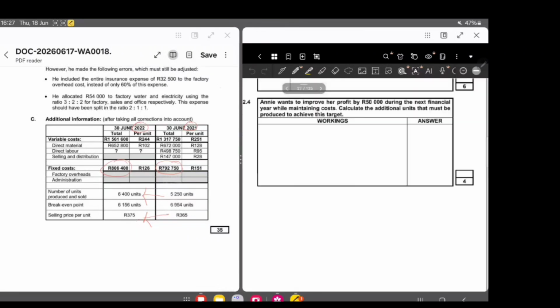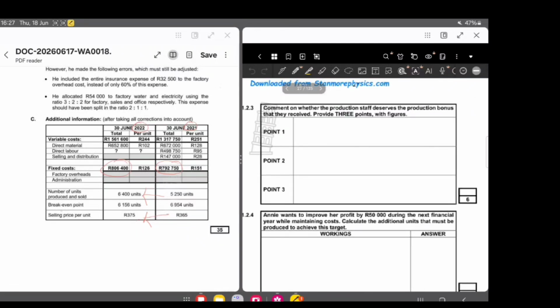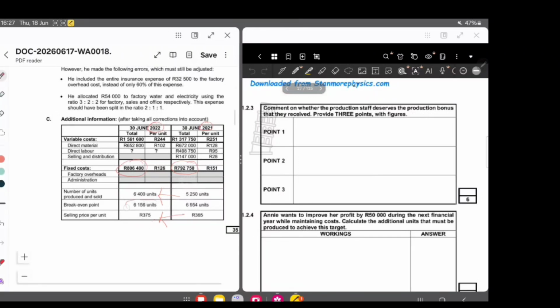So still use that, because now the number of units produced and sold increased. And then also the break-even point, the business is selling way above the break-even point. It means they are making a profit, so they can give their workers a bonus.